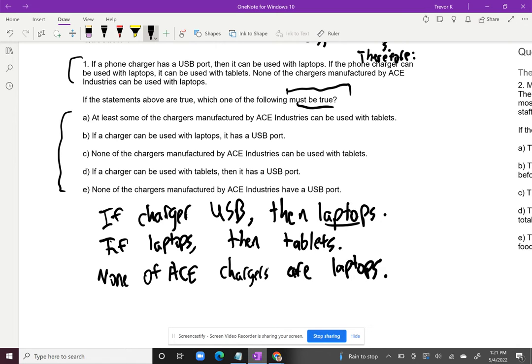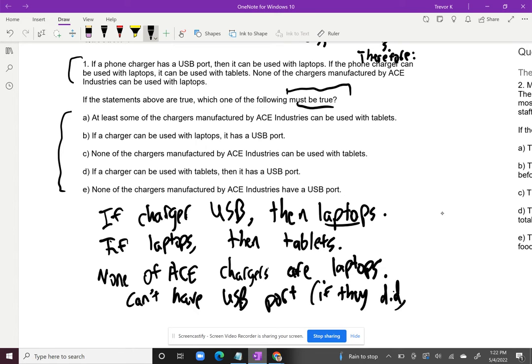One thing I can say, though, is they definitely can't have a USB port, because if they did, they could be used with laptops.